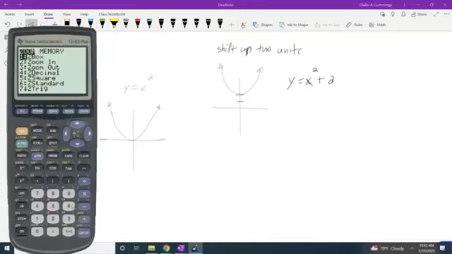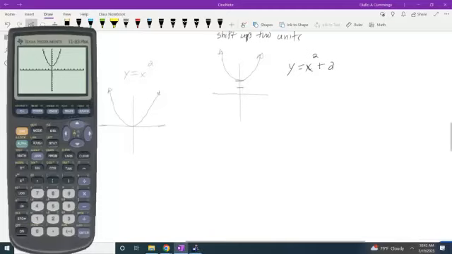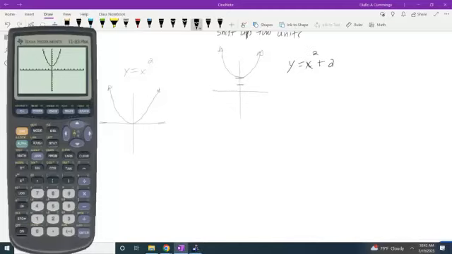Zoom 6. It shifts the graph up 2 units. What if we wanted to take the same graph and shift it down 2 units?